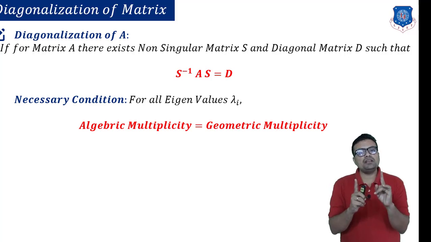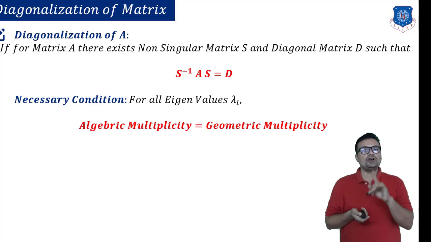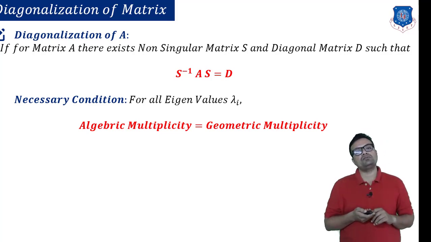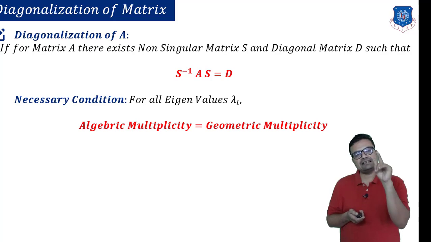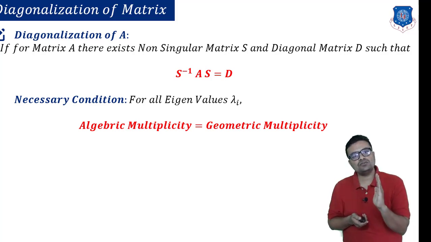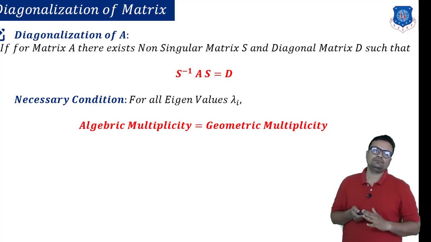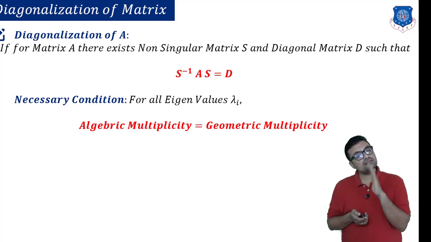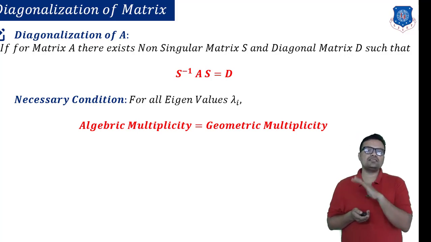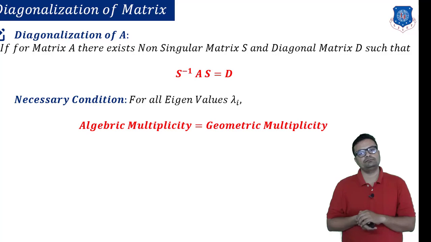If these remain equal for all individual eigenvalues, your matrix is convertible into a diagonal form. This matrix S is known as the modal matrix, which consists of all eigenvectors as columns. Matrix D is known as the diagonal matrix, consisting of all eigenvalues on the diagonal.